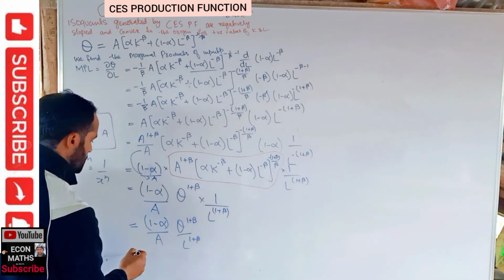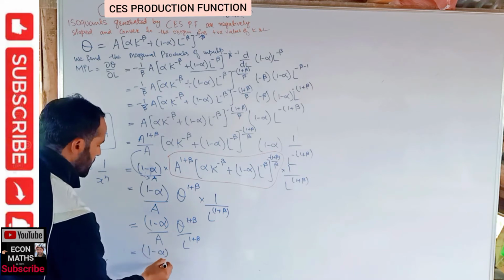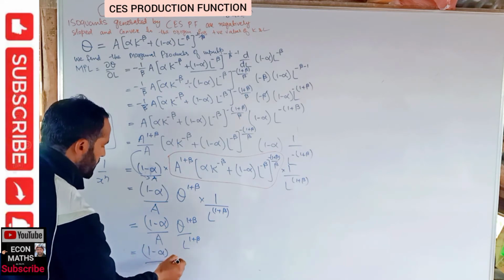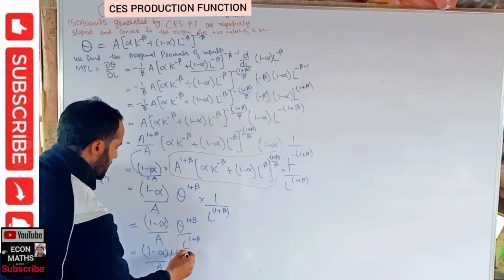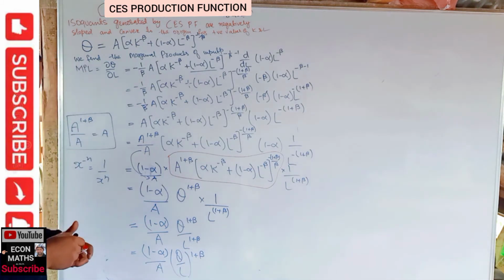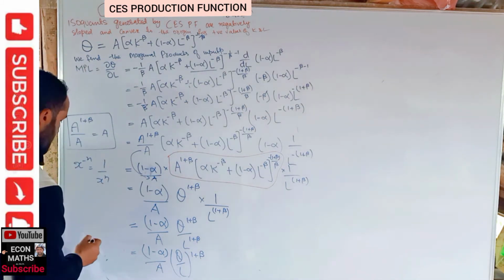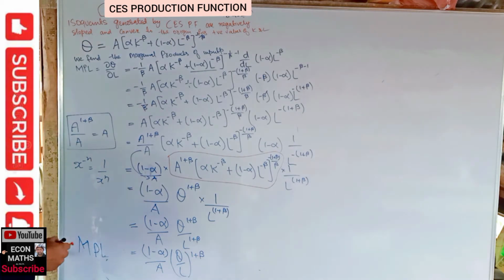So this will become 1 minus alpha divided by A, and we can write it as Q divided by L, to the power 1 plus beta. So this is our marginal productivity of labor, our MPL is equal to this.